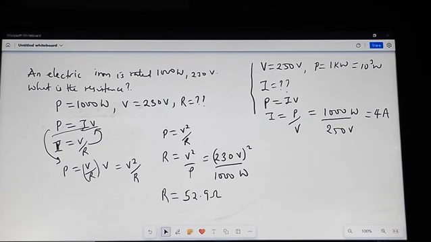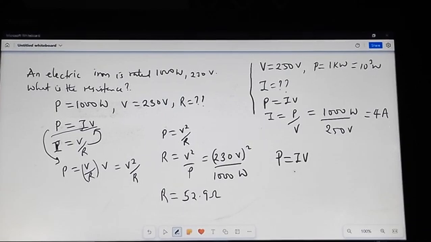Like in the case of this particular one, once you can remember this equation, P is equal to IV, you can get any variant from this one. Just remembering that from Ohm's law, V is what? IR. And that helps you to get any other variant you wish to get to solve your problem.